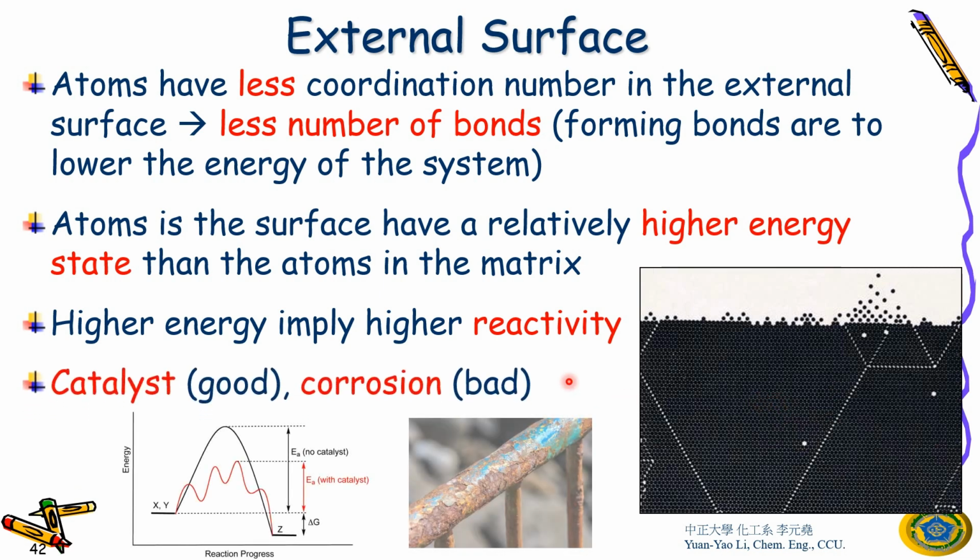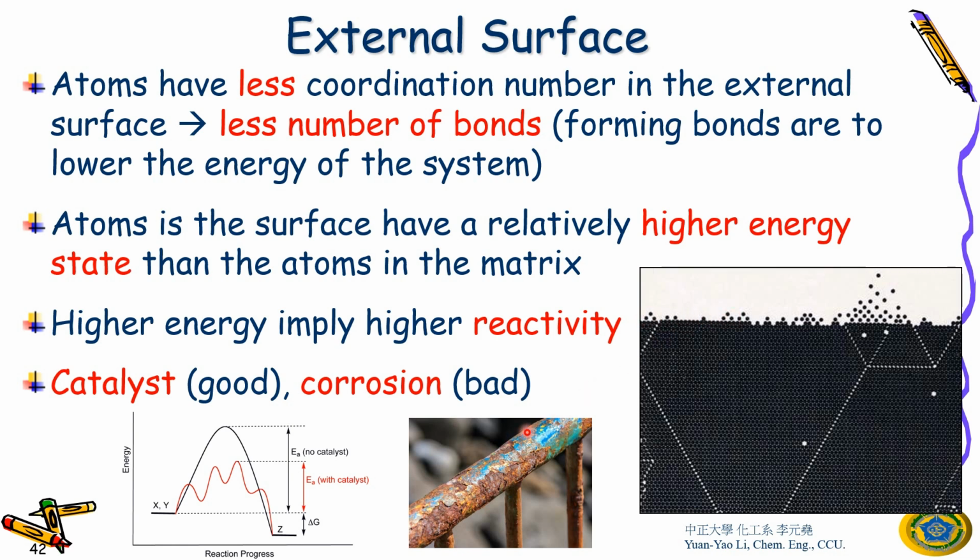The good thing about high reactivity is that if these atoms act as a catalyst, you reduce the activation energy. This is the original reaction energy required, but with a catalyst you reduce it, so you save energy. So it's good.